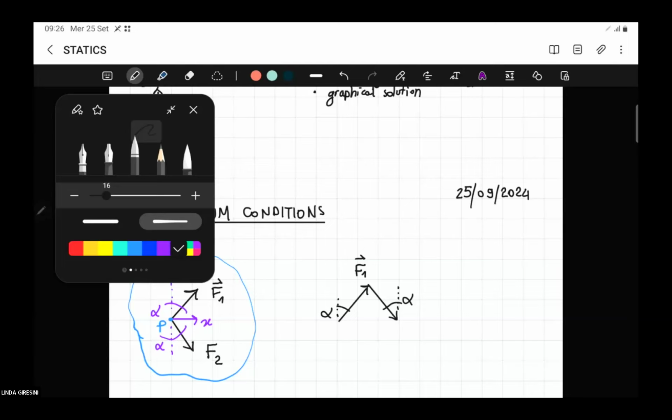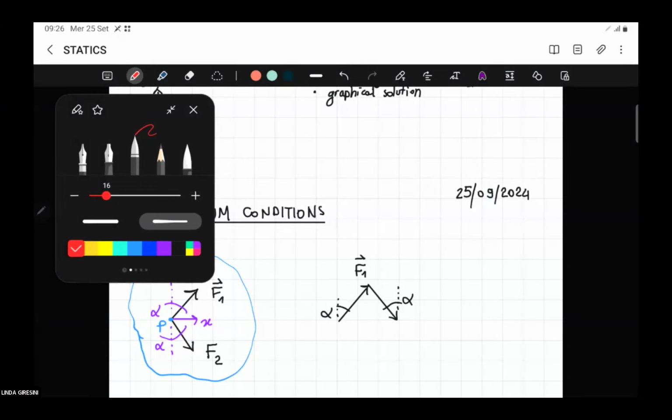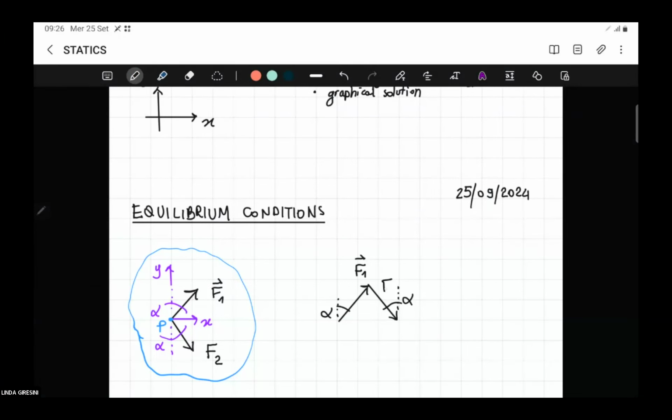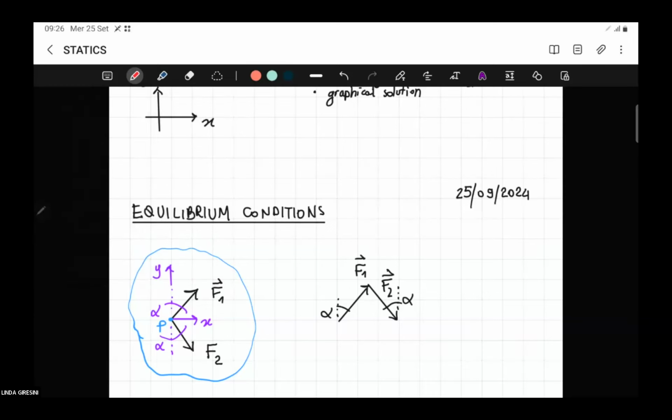So what is the force that gives equilibrium? The force that gives equilibrium is the force that closes the polygon, the force polygon. Basically, what I need to do is close the force polygon with another force which starts from the arrow of the last one, F2 in this case, to the tail of the first one.